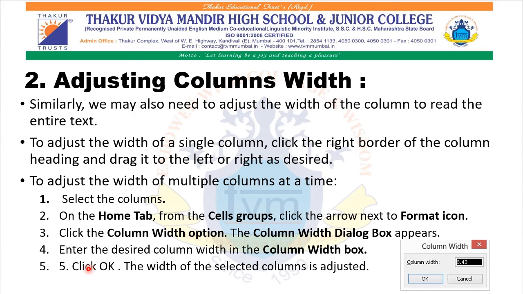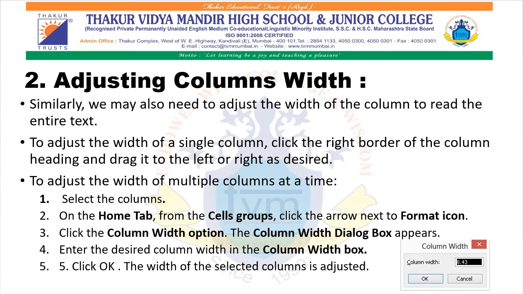As an example given here, the width I have specified is 8.43. So this will be the desired width of the column in the dialog box. Then click OK, and the entire selected columns will be adjusted according to the width specified.